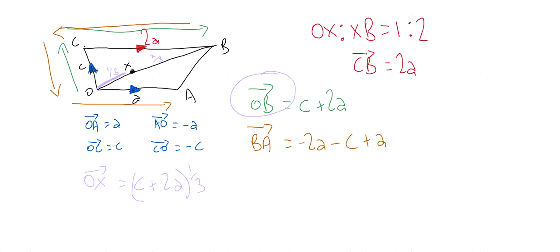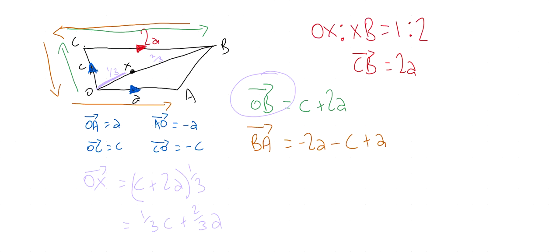So what I'm going to do is expand these brackets. So I have 1/3 C plus 2/3 A. And that is the length of OX. So even though we're not allowed to take this path, we know how to get from O to B, and we know that this is 1/3 of the size of the whole line.